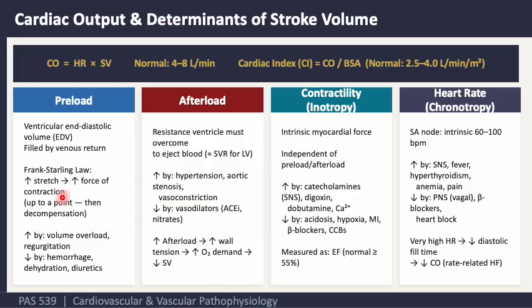So just simply put, if more blood enters the heart, like increased venous return to the right atrium, the heart stretches more and pumps out a greater volume of blood, trying to balance the input and output.